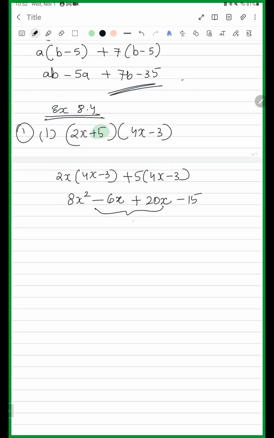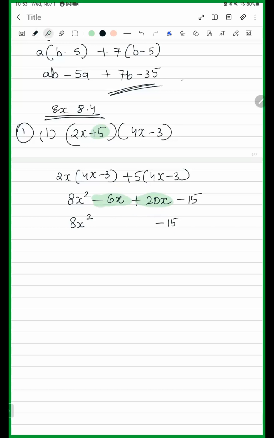They are like terms. What will it become? The thing in the middle. The x terms, the terms which have x, they are like terms, no?